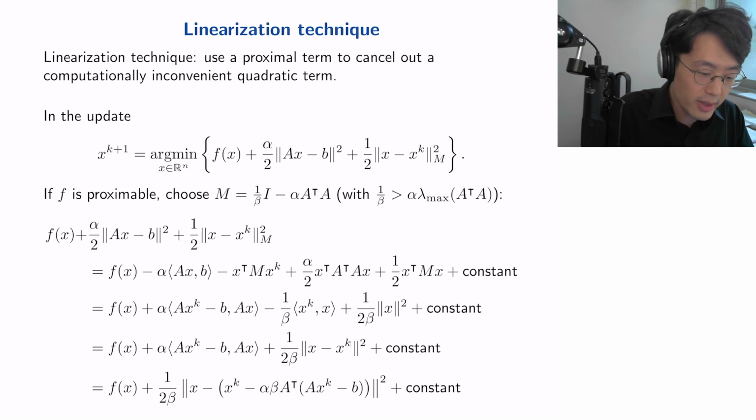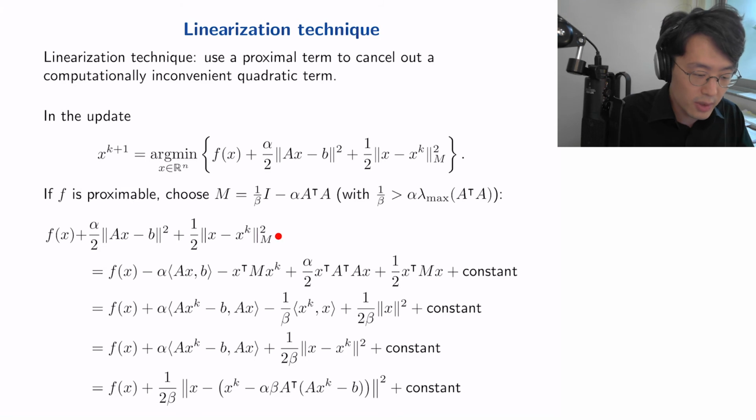So this term has an x_k M norm squared, but that term does not depend on x, so we ignore that. This norm has a cross term, x inner product M x_k, so we have this term, which is linear in x. And then we have the quadratic term, 1 over 2 times x transpose M x.